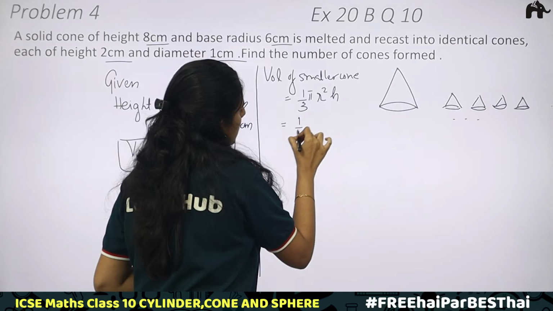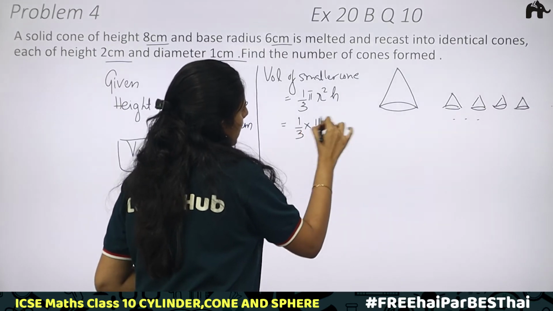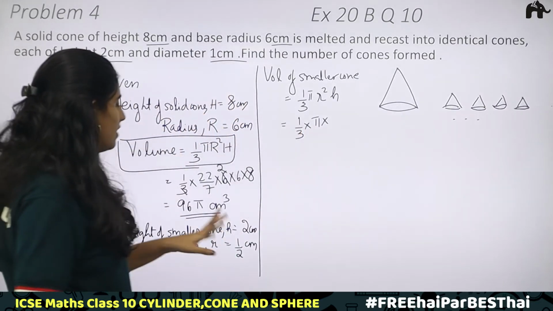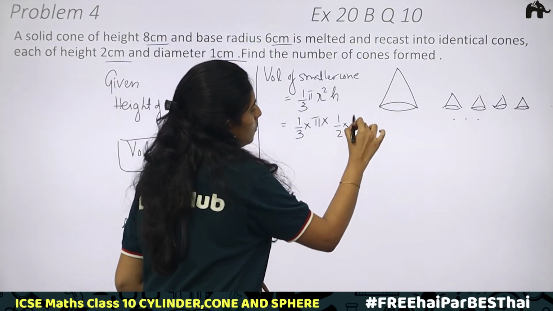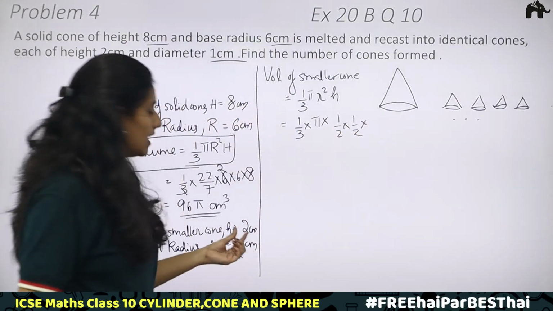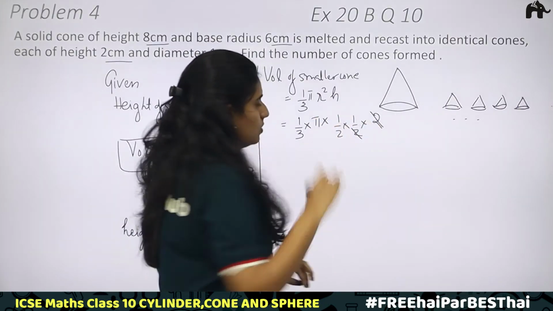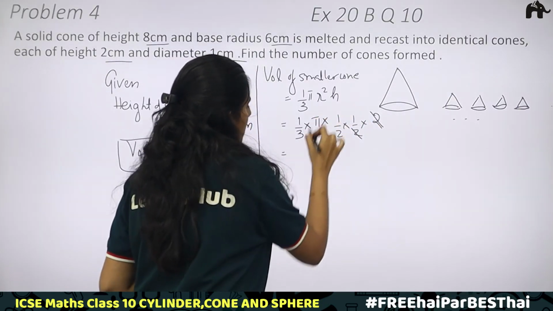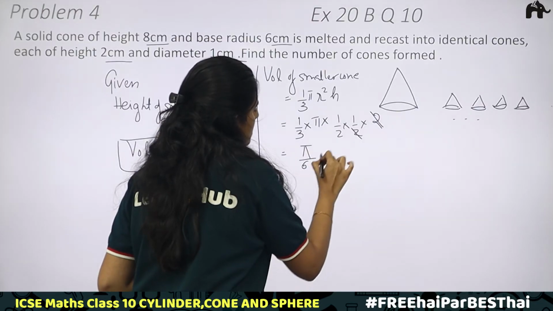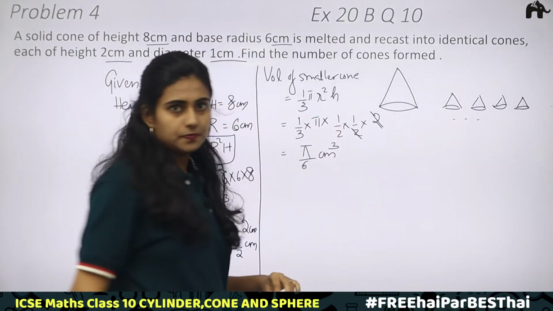Put the values: 1 by 3 into pi into r square, 1 by 2 into 1 by 2. What is h? h is 2 centimeter. This 2 and this 2 can be cancelled. What we have remaining is pi by 6 centimeter cube.